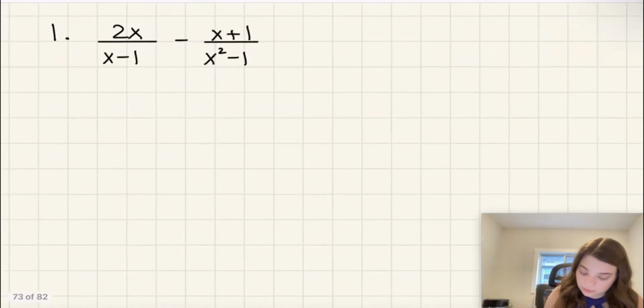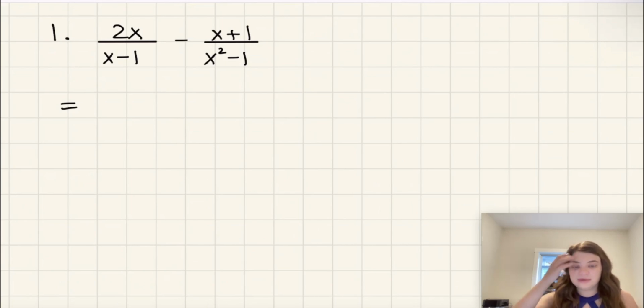And so the first thing I'm going to do to get us there is I'm going to use the difference of squares formula to factor the denominator of our second fraction here. Because if it's possible to factor any of our denominators, we always should do so in order to see if they have any factors in common with the other denominator as well.